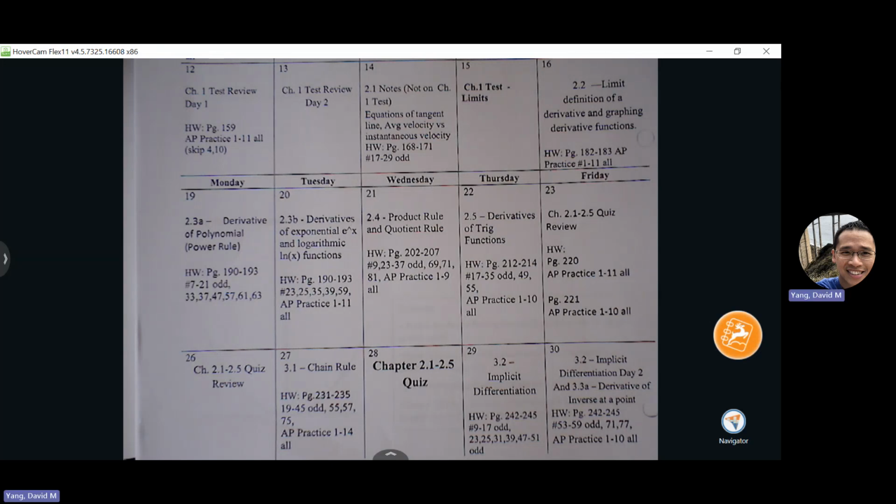Now, squeeze theorem. We didn't really go over it, but the process is that you're always going to be given a lower, a middle, and upper function. That relationship will always be established for you. And you're always finding the limit of the middle function, because the middle is always the one that's unknown. You're going to find the limit as x approaches whatever the value is for the upper, middle, and the lower. But only the upper and lower can be conclusive.